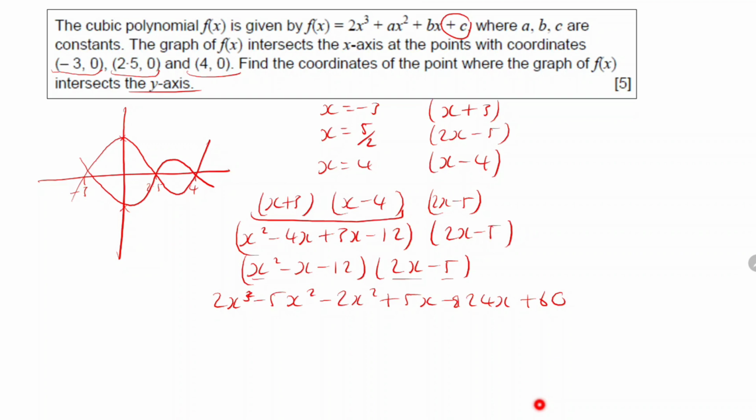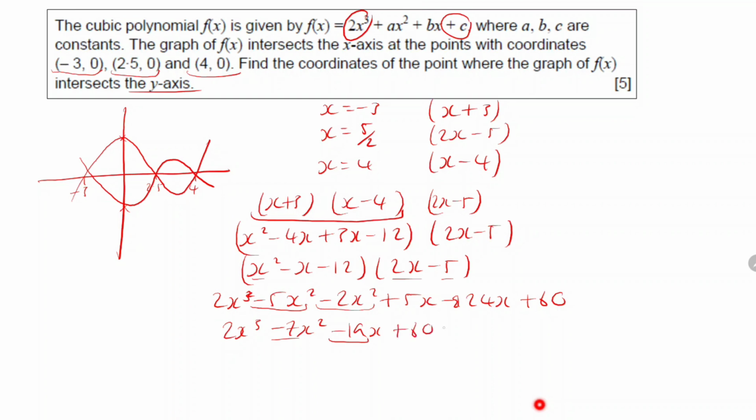Now we could simplify this, certainly. We've got 1 x cubed term, which is the 2x cubed. We knew that was the case because it was in the question. Let's collect the x squared together. Minus 5x squared, minus 2x squared is minus 7x squared. So we've inadvertently worked out what a is, which is minus 7. 5x minus 24x gives us minus 19x.